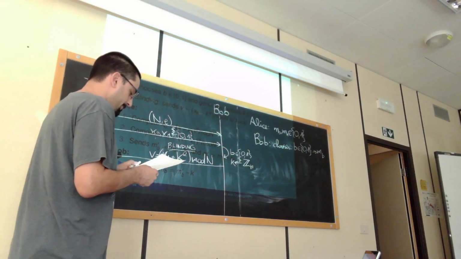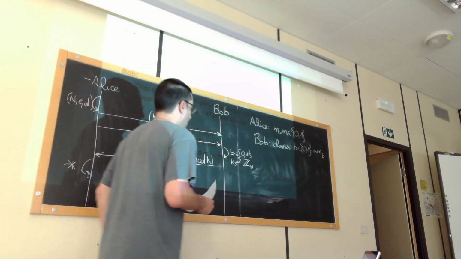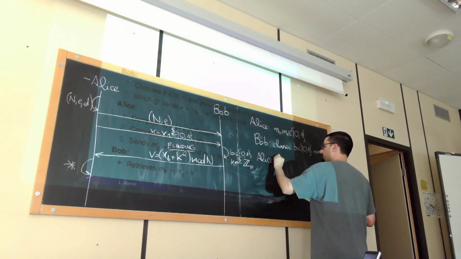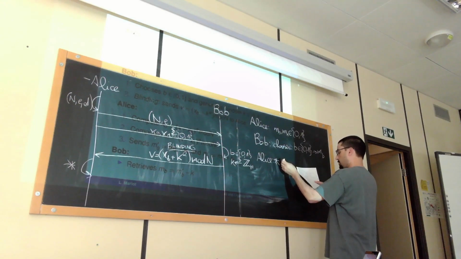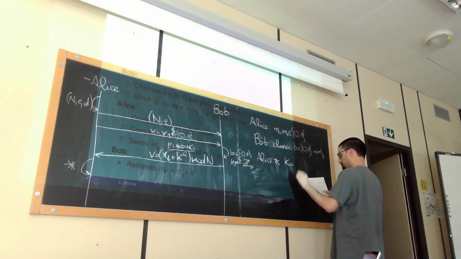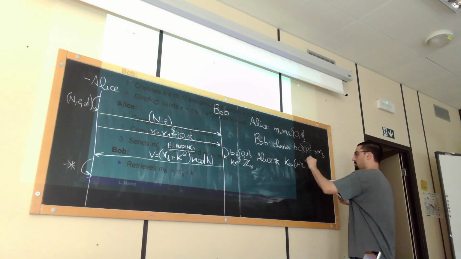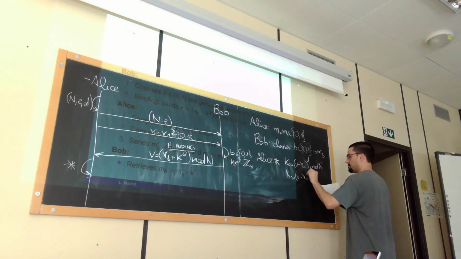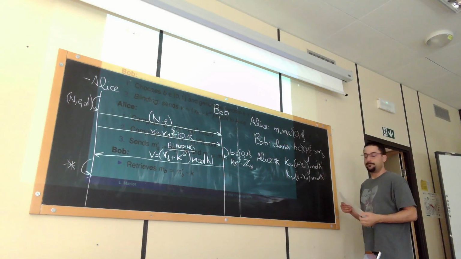So on the other side, what Alice will do, let me put an asterisk here and let's go back here. So Alice, this would be the asterisk. She computes these two quantities. K0, which is (V - x0)^d mod N, and K1, which is (V - x1)^d mod N. Okay.